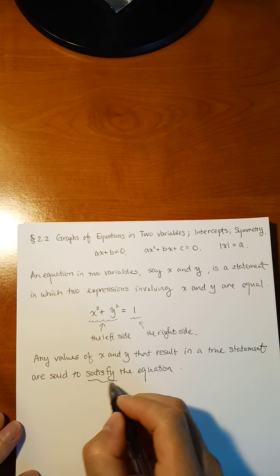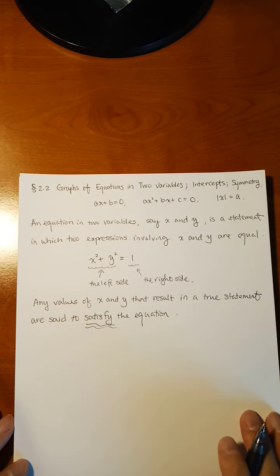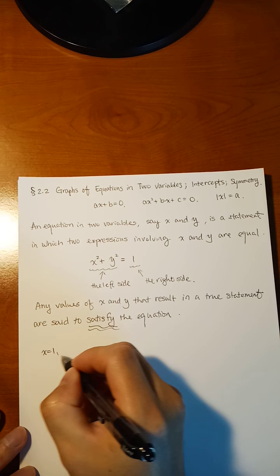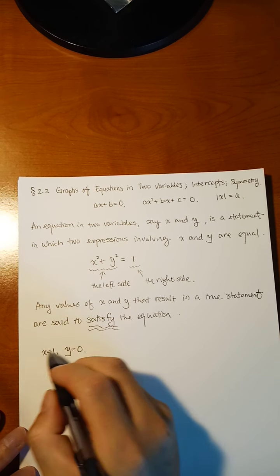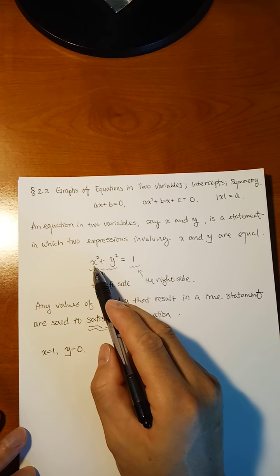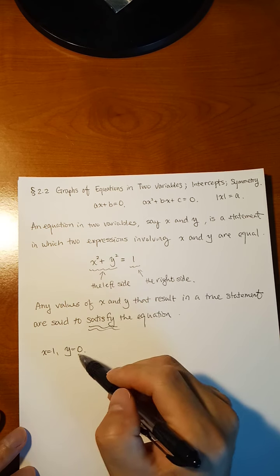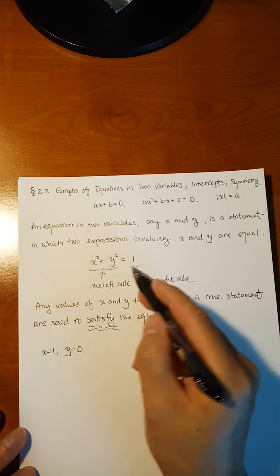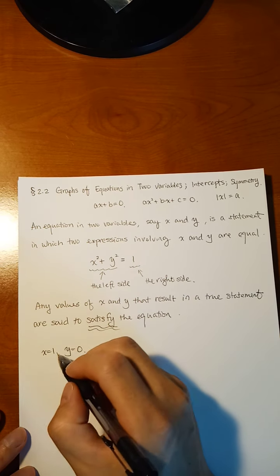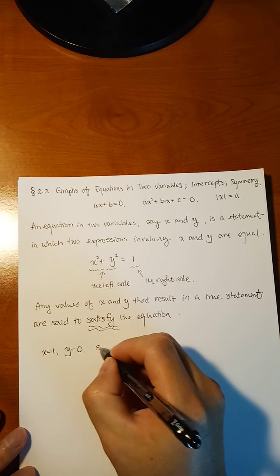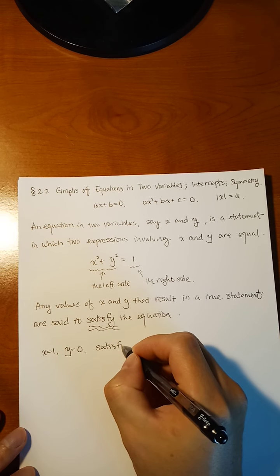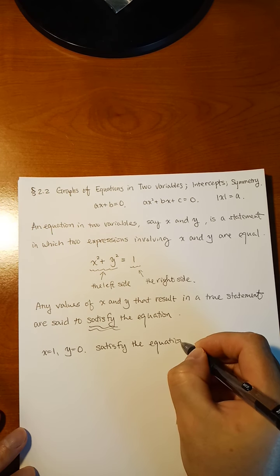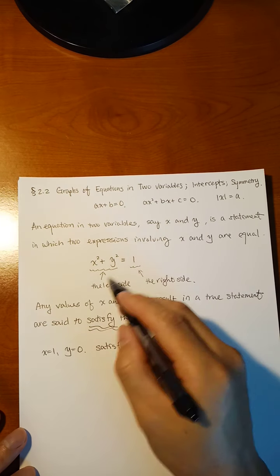We want to emphasize the word satisfy. For example, x equal to 1, y equal to 0. You put x equal to 1, 1 squared is 1. You put y equal to 0, 0 squared is 0, 1 plus 0 is 1. So the left side is equal to the right side. So this pair satisfies the equation because it results in a true statement.